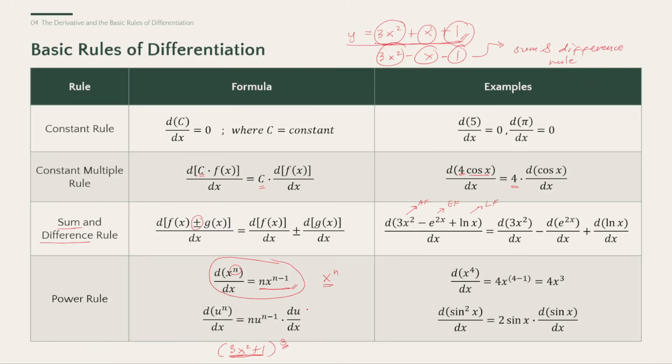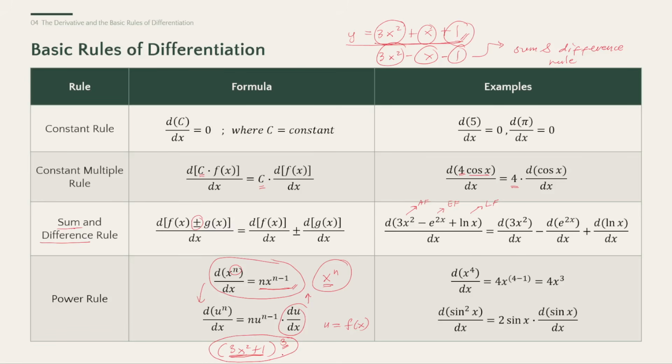We have to consider this is actually a chain rule, simplified into a power rule. u is a function of x. That is the difference between these two. The first one is applied only if the variable is just x. The second one is used if the term being raised to a power is a whole function, just like this one.